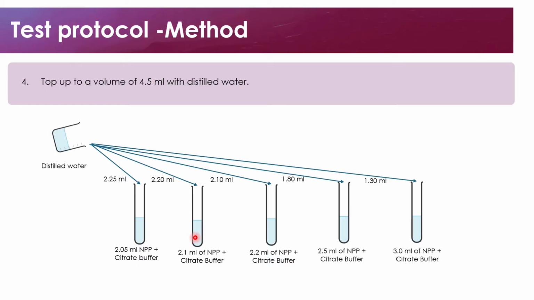For the second test tube, we add 2.20 ml of distilled water. For the third test tube, we add 2.1 ml of water. For the fourth test tube, we add 1.80 ml of distilled water. And for the fifth test tube, we add 1.3 ml of distilled water to get a final volume of 4.5 ml.